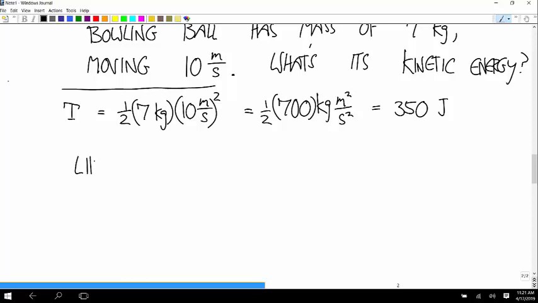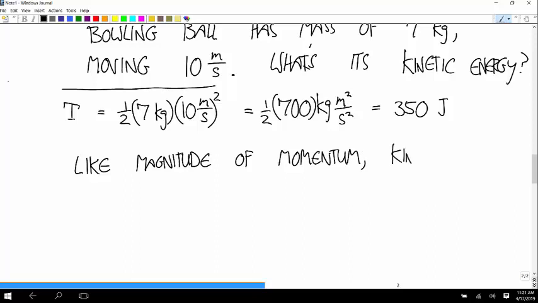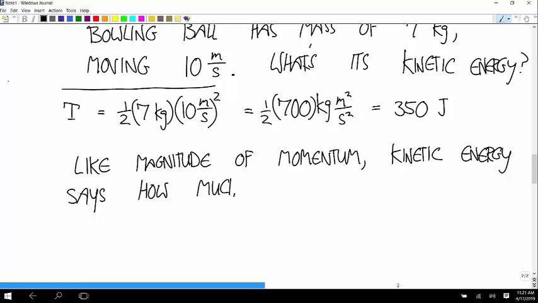And by the way, like the magnitude of momentum, this isn't exactly the same thing because we have the factor of 1/2 and we have the speed squared. But like the magnitude of momentum, kinetic energy says how much it would hurt for the object to hit you.